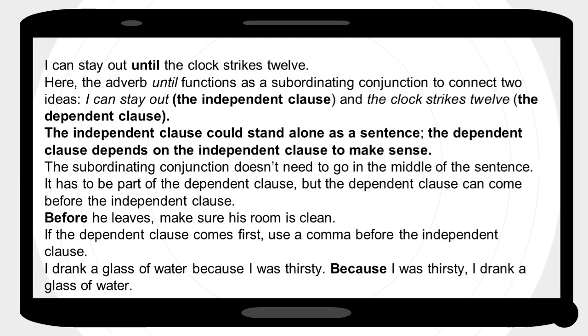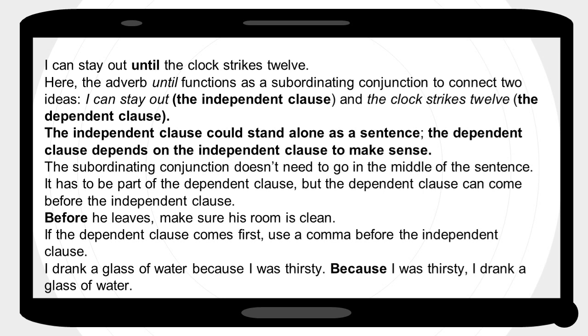So let's have here: I can stay out until the clock strikes 12. Here, the adverb until functions as a subordinating conjunction to connect two ideas. I can stay out is the independent clause, and the clock strikes 12 is the dependent clause.